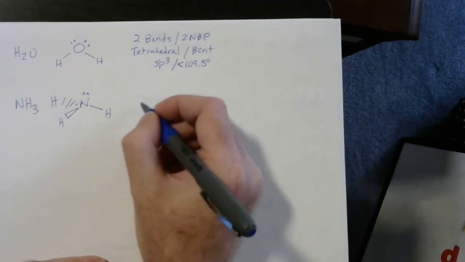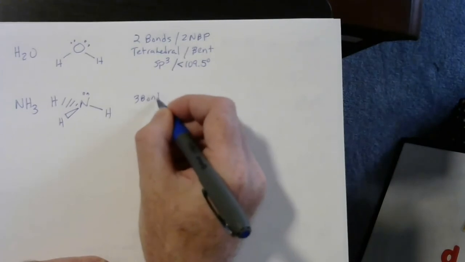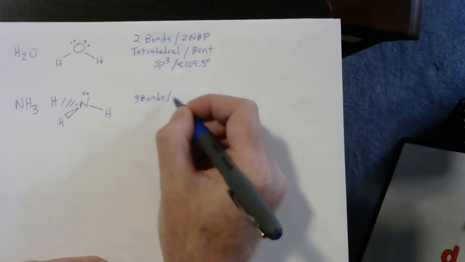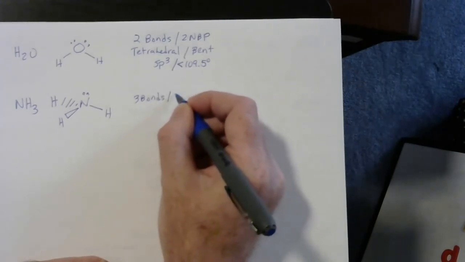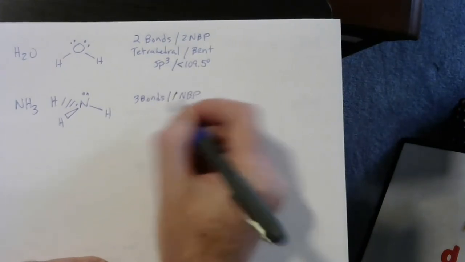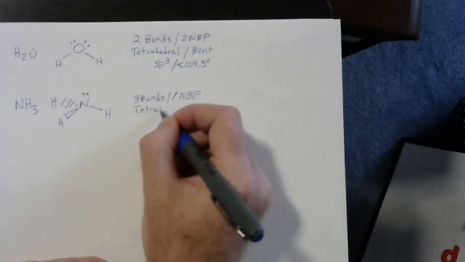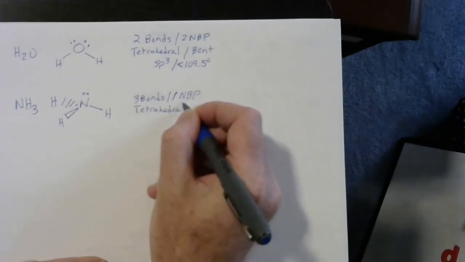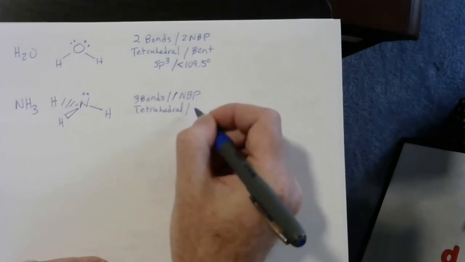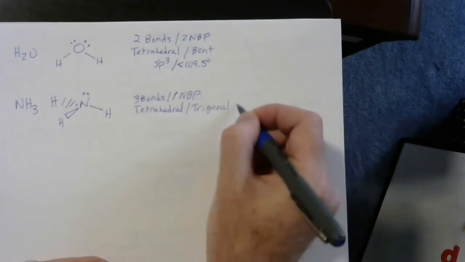Then for this molecule, there are 3 bonds and 1 non-bonding pair. So that's still 3 plus 1 is 4. So that still puts us in a tetrahedral group, but it is trigonal pyramidal.